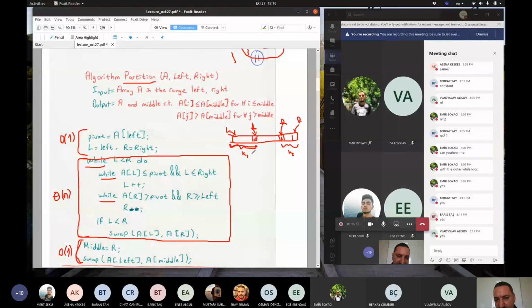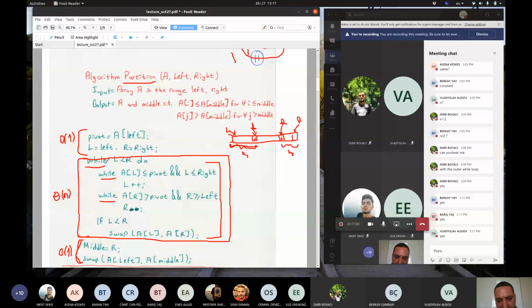Once they stop, we do a swap of these two elements, and swap is just a constant time. Okay, meaning that once we finish one iteration of this outer while loop, we spend time proportional to the number of elements we have seen so far, which is k1 plus k2.